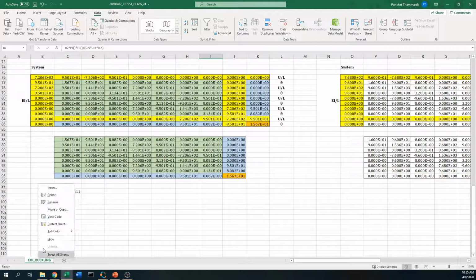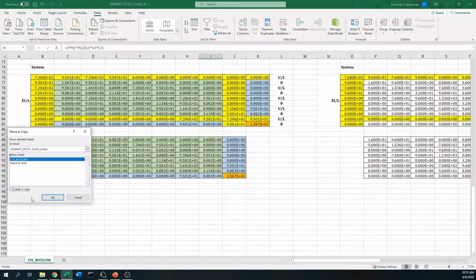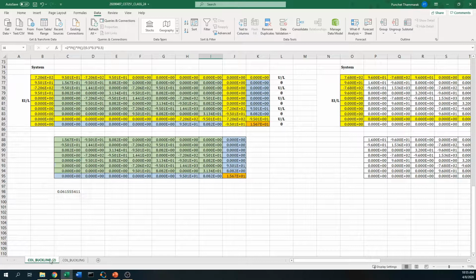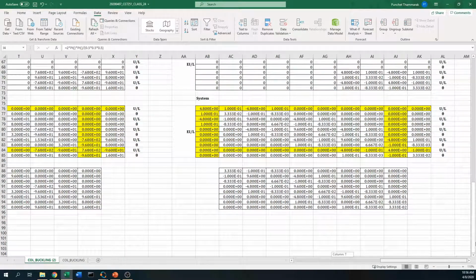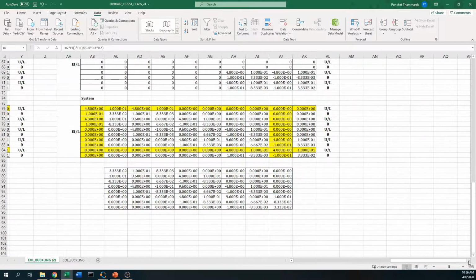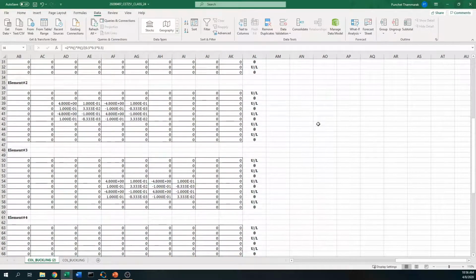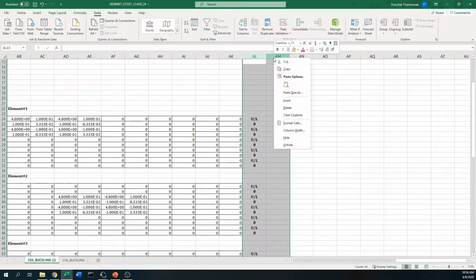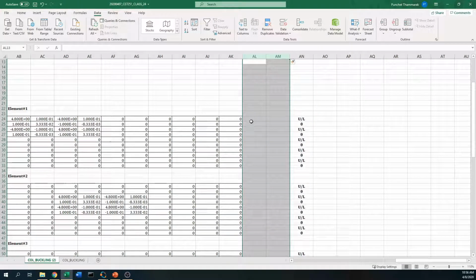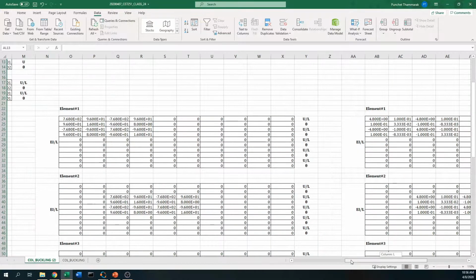So I can just duplicate the picture, this one. This is for 3 elements. For 3 elements, I will only have to add 2 more rows like this, insert, and over here as well.